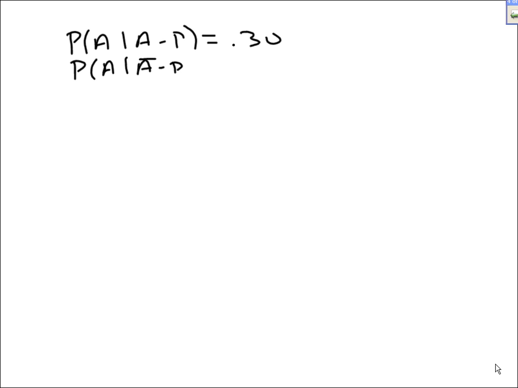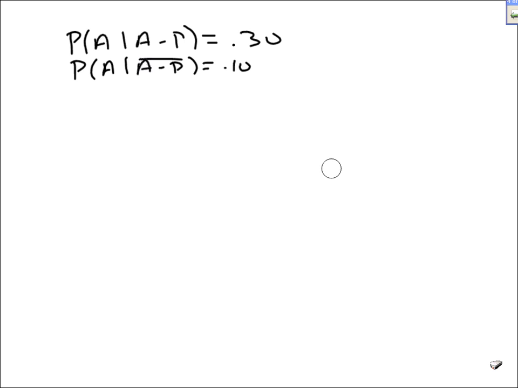Okay. So I'm going to do a very, very similar problem. Let me write down what we know. The probability that you have an accident given that you're accident prone is 30%. The probability that you have an accident given that you are not accident prone is 10%.